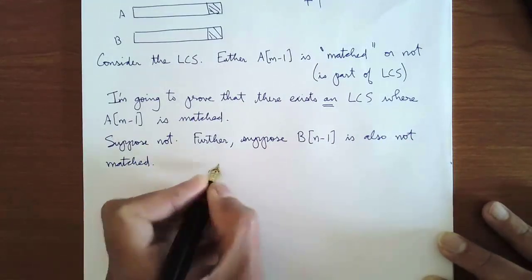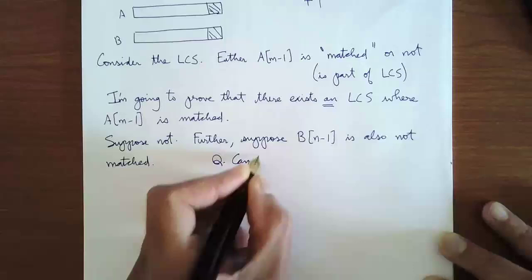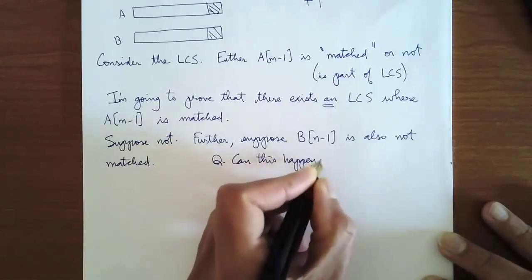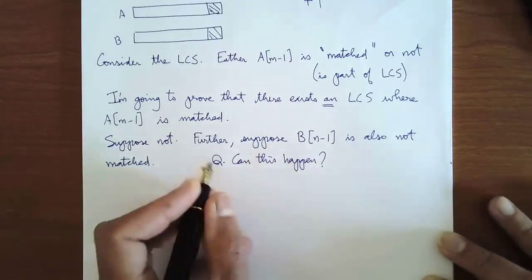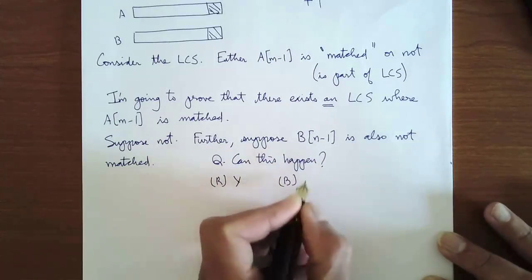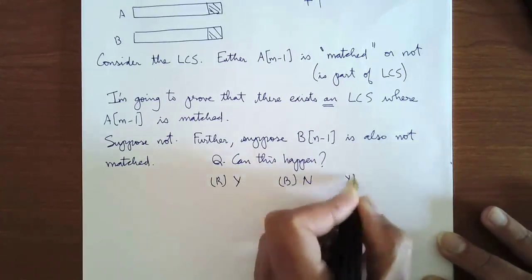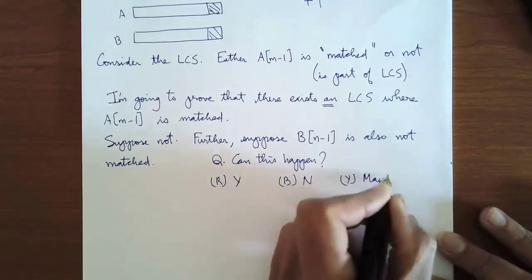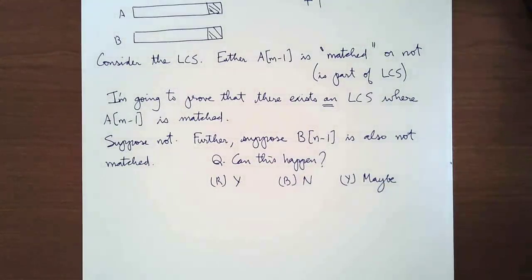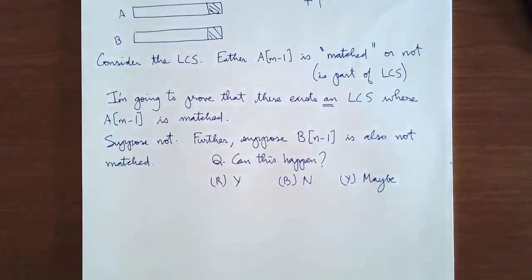Now my question is, can this happen? I can do Zoom polls here. I still keep the same options. Red is yes, blue is no, and this is maybe. I'm just going to launch my poll. I'll give you maybe a couple of minutes to think about what the answer is. Can this happen?